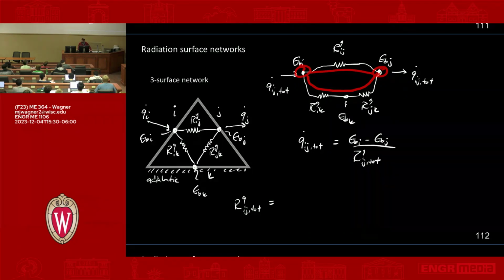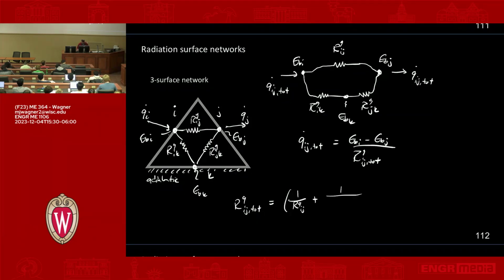So we have two parallel pathways. I'm going to do 1 over RGIJ. The other pathway is 1 over the series resistance of the bottom two, so this is RGIK plus RGJK, to the minus 1.